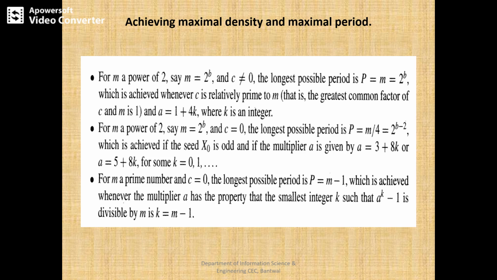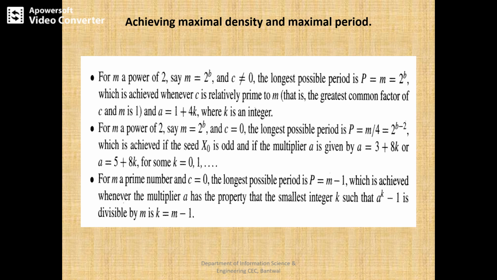We should notice that maximal period can be achieved by the proper choice of A, C, M and X naught. For achieving the maximal period, there are three points to be taken.